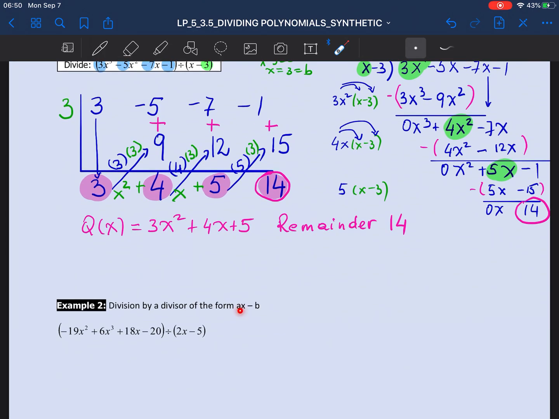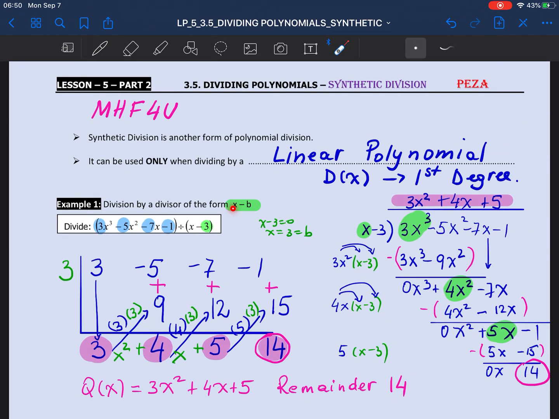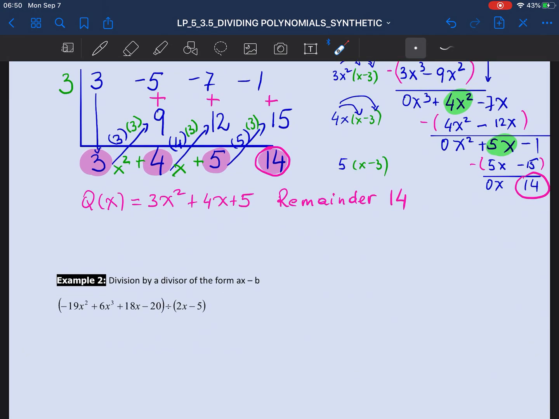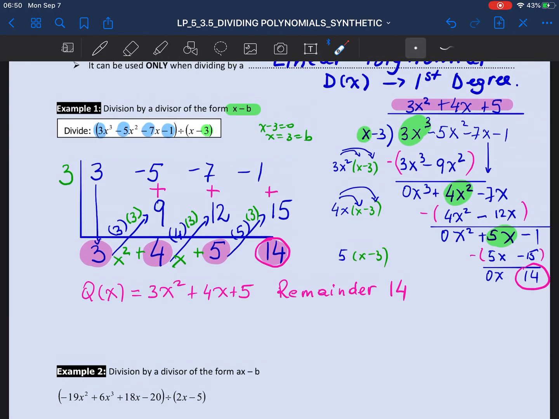The process of division by ax minus b, so the coefficient of x here is different than 1 compared to the coefficient being 1 in here, will be exactly the same, but division by ax minus b will hold a little bit of a surprise at the end, which we'll discuss together.